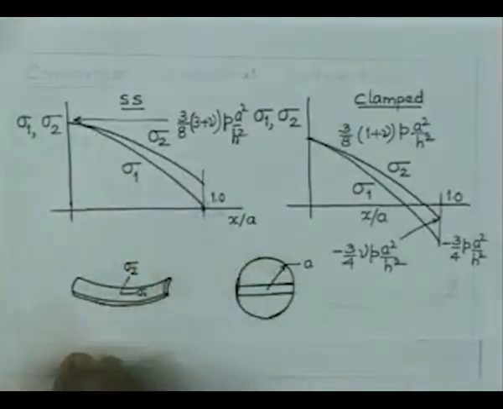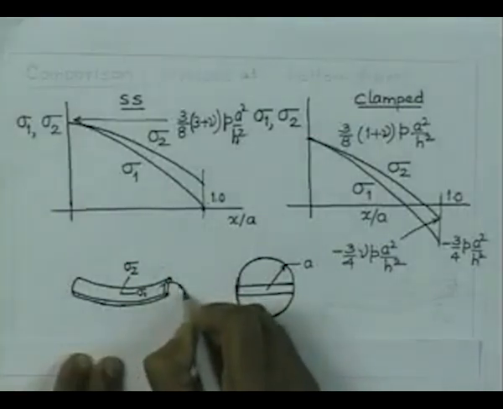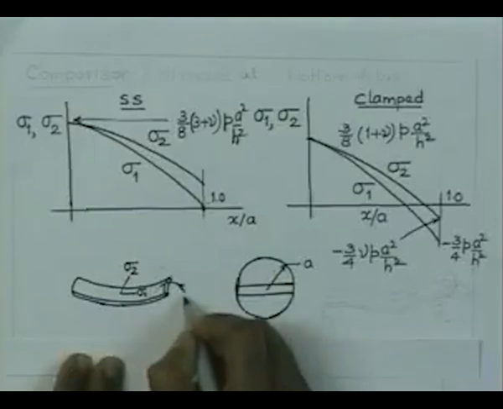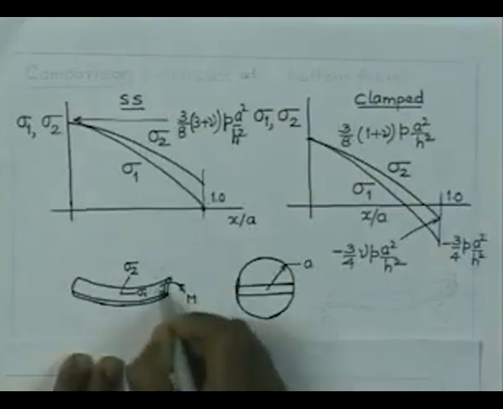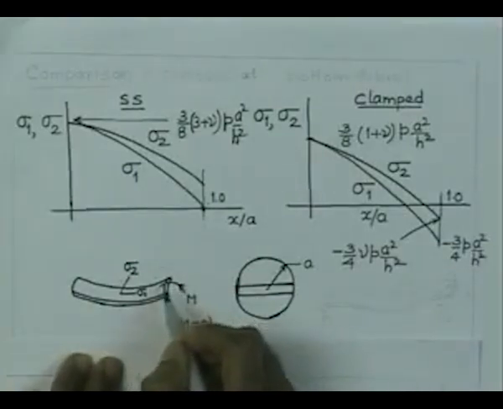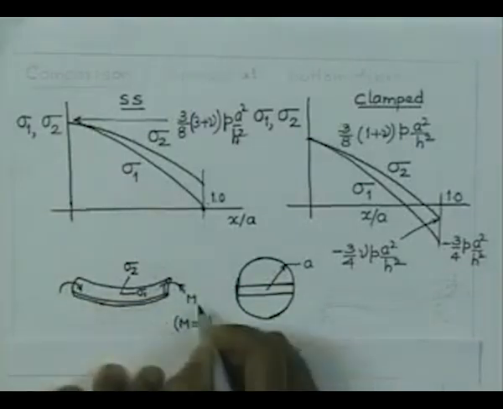Sigma 1 is all along tensile stress, and since at the edge of the simply supported plate the bending moment is 0, the bending moment in this direction M is 0 in this case, but a little inside it will be positive, with a direction like this. Similarly, here the direction like this is the direction of M1.